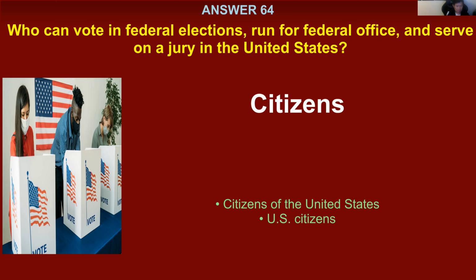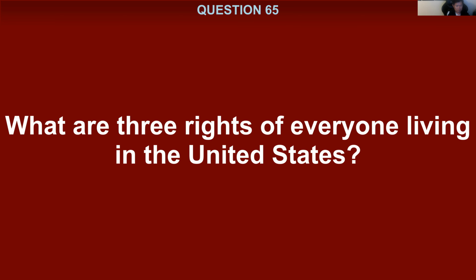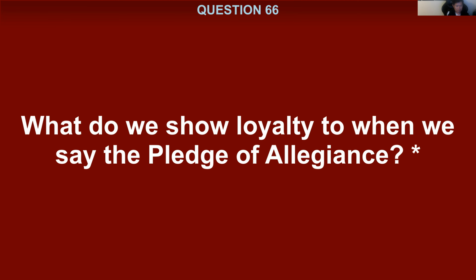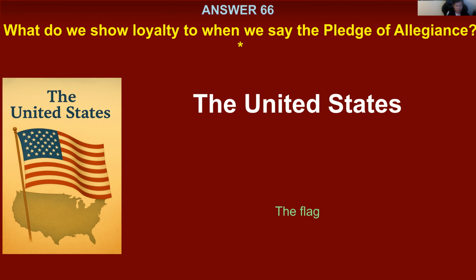Citizens. What are 3 rights of everyone living in the United States? Freedom of speech, freedom of assembly, freedom of religion. What do we show loyalty to when we say the Pledge of Allegiance? The United States.